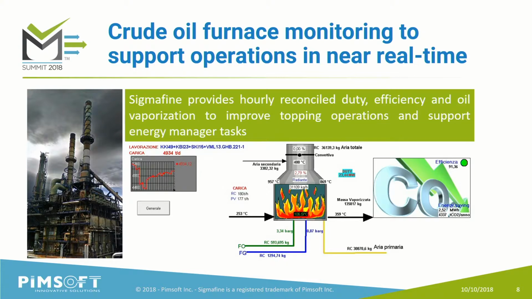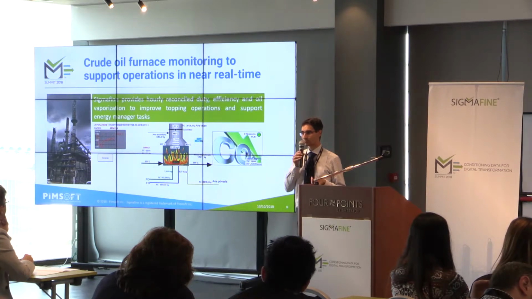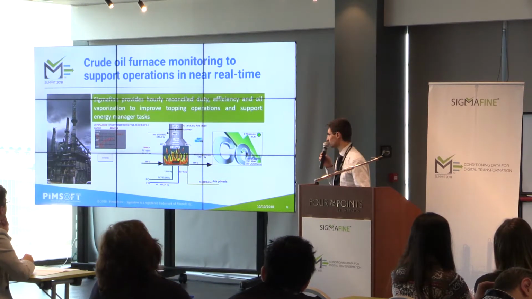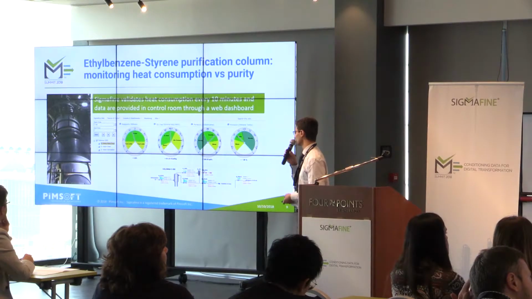Such information was then used by the operators to improve the operation, especially in this case on the topping column. Another example we saw a bit this morning is this distillation column that purifies ethylbenzene from styrene, a very energy intensive equipment with a very big reboiler.